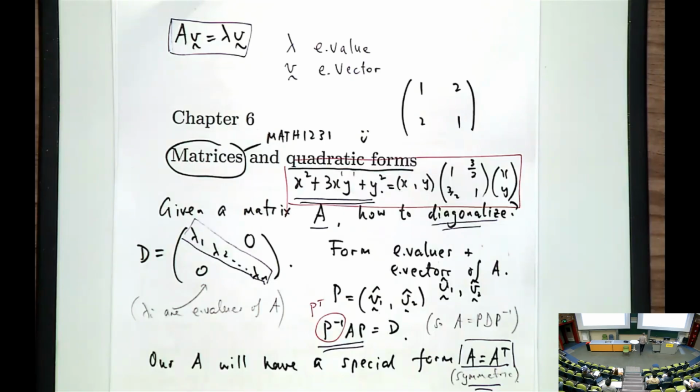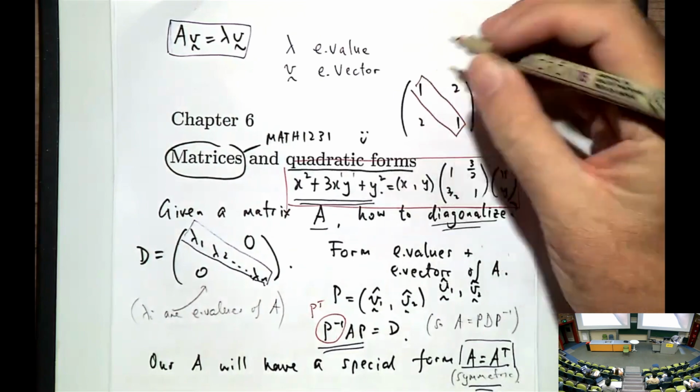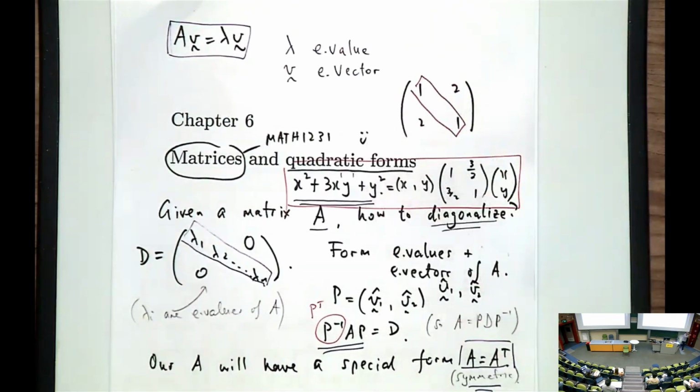So another way to look at it, if you don't like that, just draw a diagonal. Can you see how it's like a line of symmetry? That's really where the word symmetric matrix comes from, I think, right?